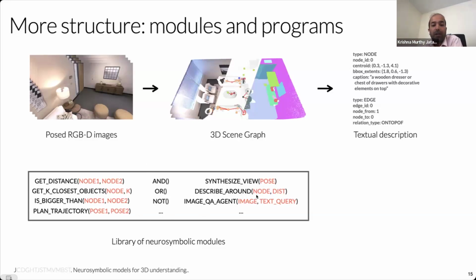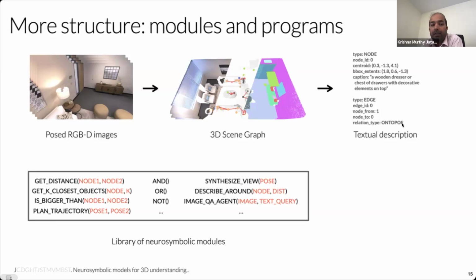Or there's a describe-around operator, which given a scene graph node and a distance radius, generates a description of all of the objects using a language model, and an image QA agent, as we call it, which is under the hood another image language model that can answer questions about an image.